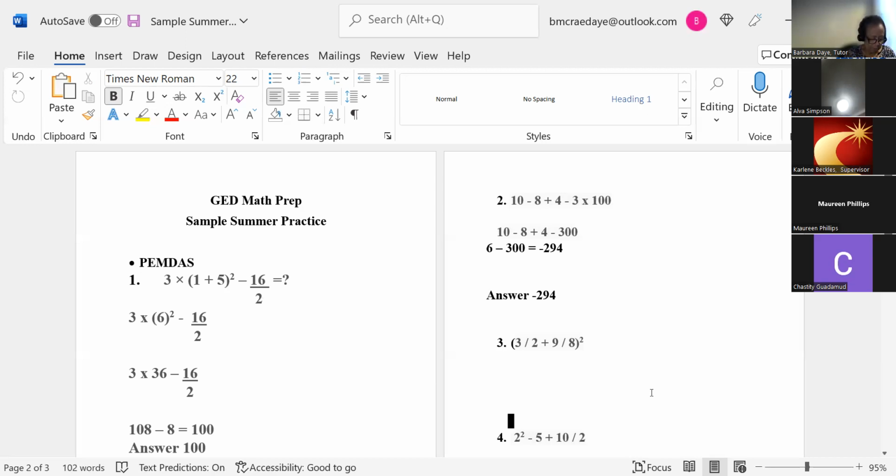Yeah, and then square it. That gives me 2.625. All right, now square that. 2.625.